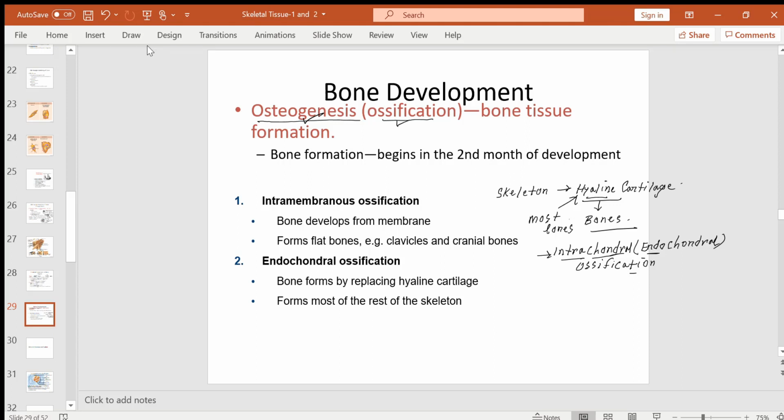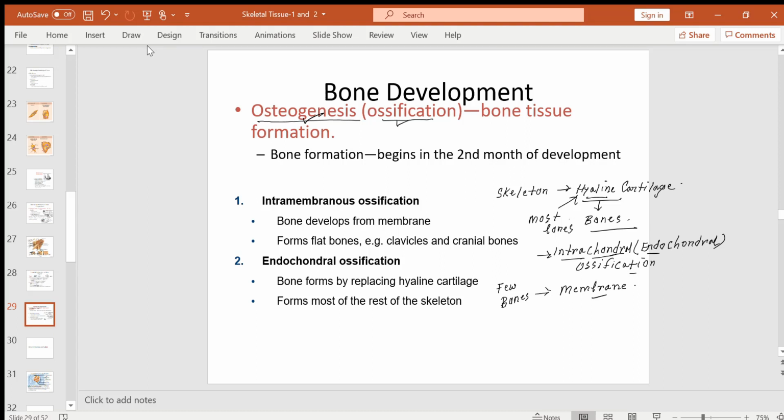Okay. However, a few bones are formed not from the cartilage but from the embryonic membrane.